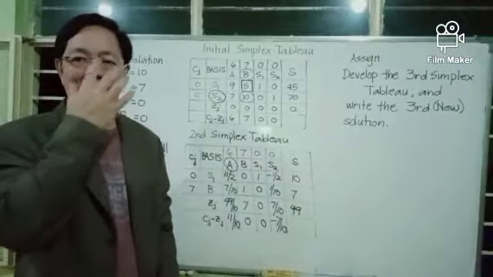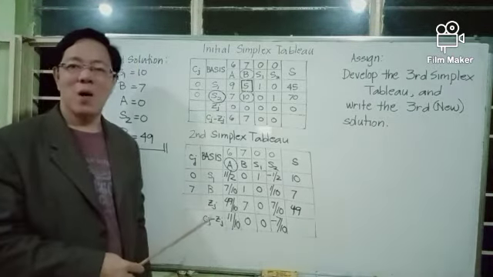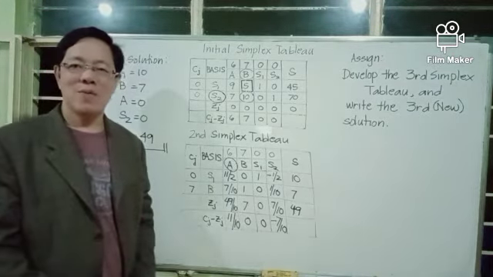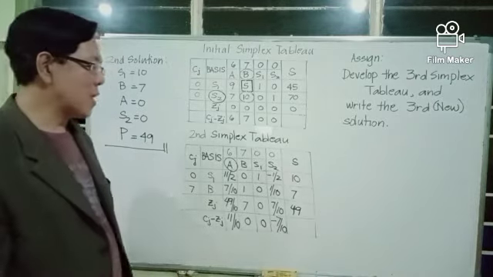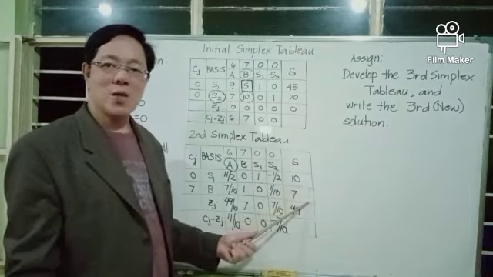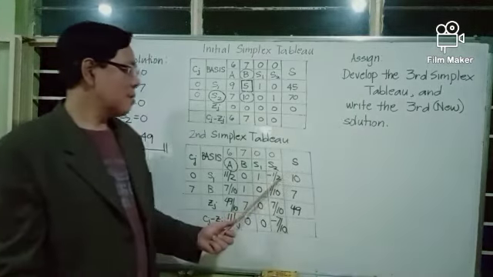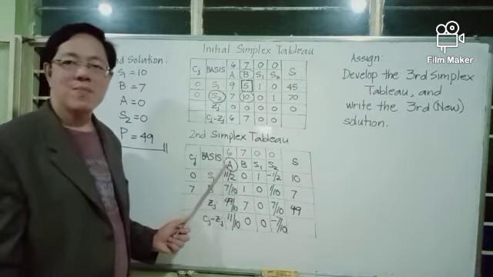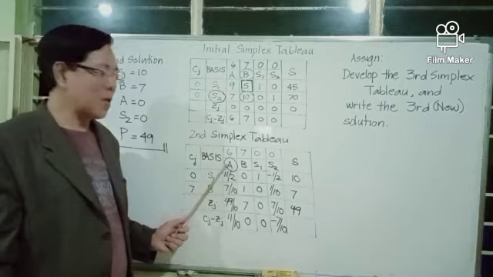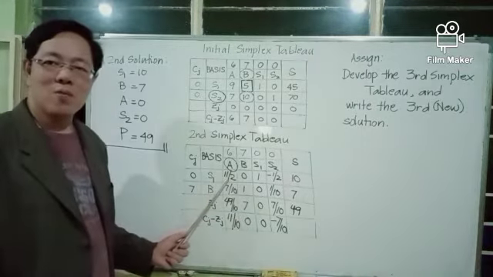We now determine which of these two variables will be our outgoing variable or leaving variable. To determine the outgoing variable, we divide the entries of the last column, or the solution column, by the corresponding entries of the column containing the entering variable A. We divide 10 by 11 over 2.